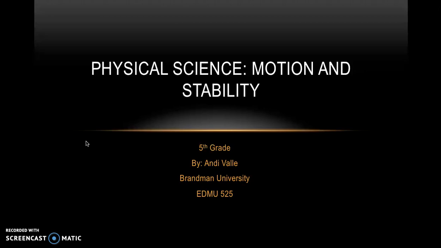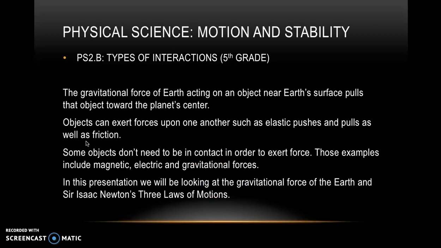Today we'll be talking about physical science, specifically motion and stability for you fifth graders. Some of the things we will be learning about are the gravitational force of Earth acting on an object near the Earth's surface, which pulls that object towards the planet's center. Objects can exert force upon one another, such as elastic pushes and pulls, as well as friction.